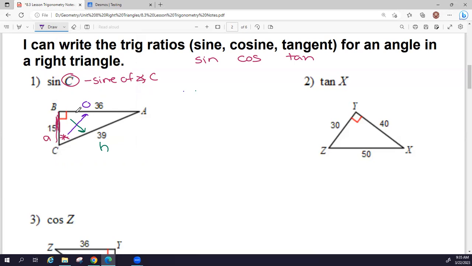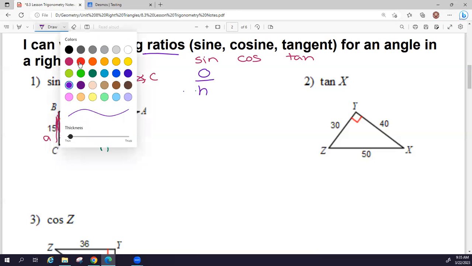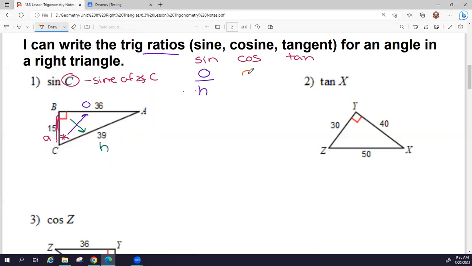And I think it's really helpful because these three ratios are relationships using two of those sides. So my sine relationship or my sine ratio is the length of my opposite side divided by the hypotenuse length. The cosine ratio is the length of my adjacent side divided by the hypotenuse.